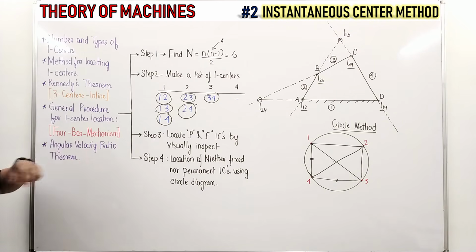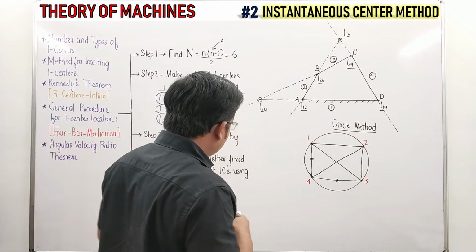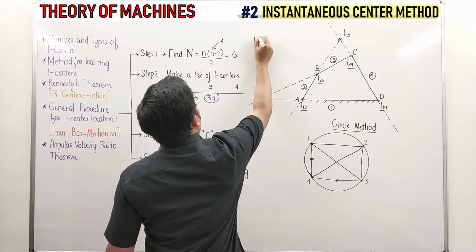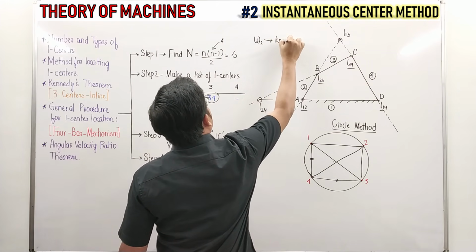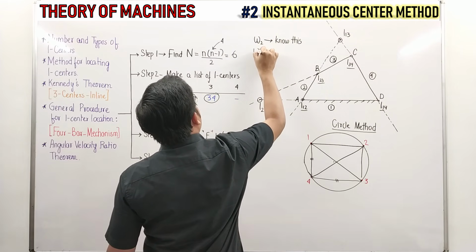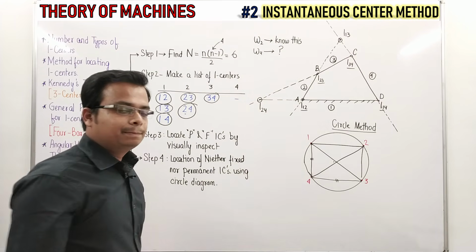Now the one thing which is left is the angular velocity ratio theorem. Let me try to explain. We know omega 2. Let's say we want to calculate omega 4. So how can all of this concept be applied?